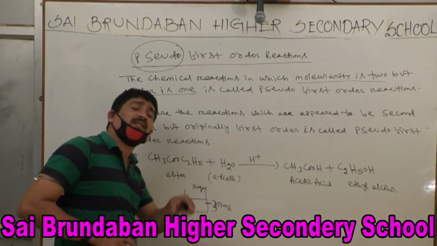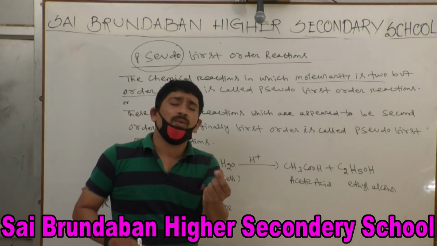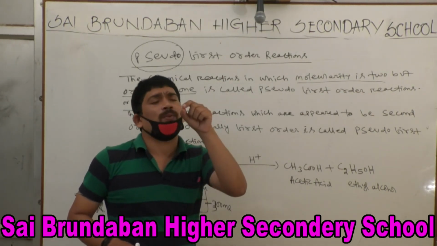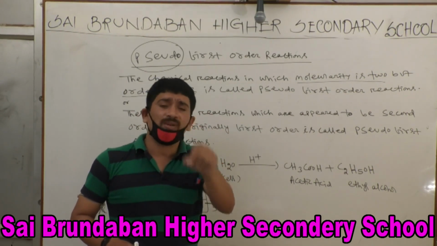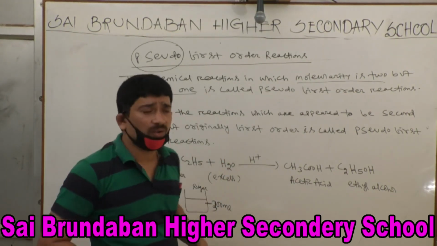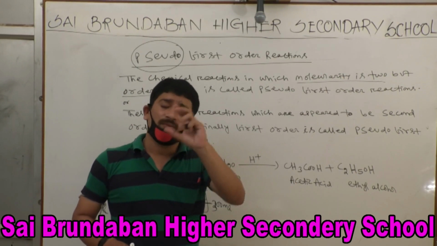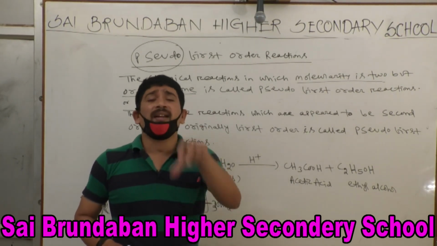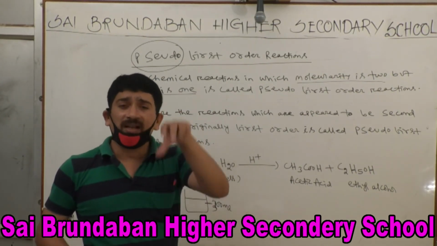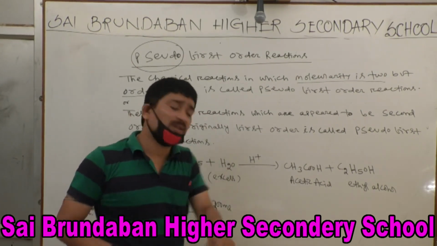Take another example. Suppose we add a very little amount of sugar to 1 bucket of water. The concentration of water does not change, because practically the water is present in large amount in comparison to sugar.